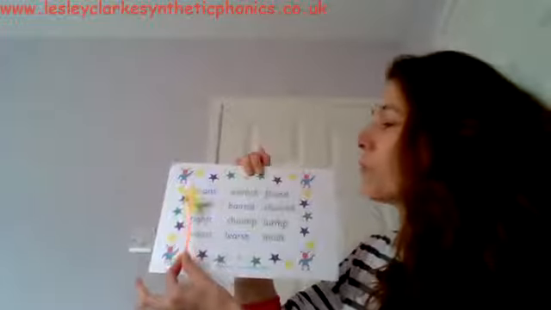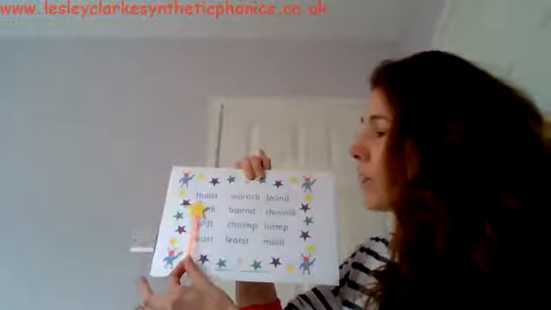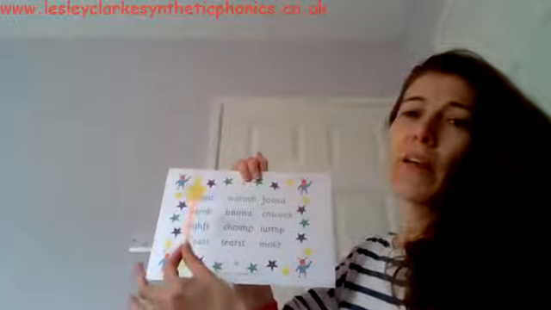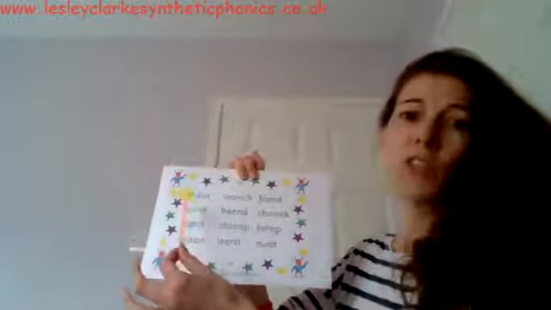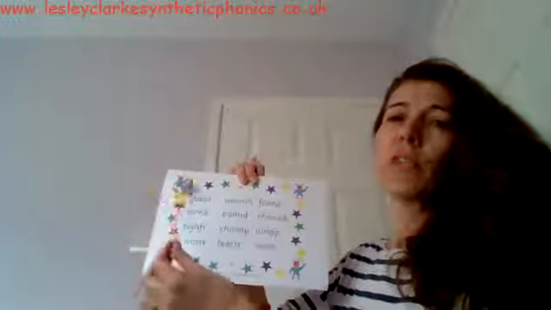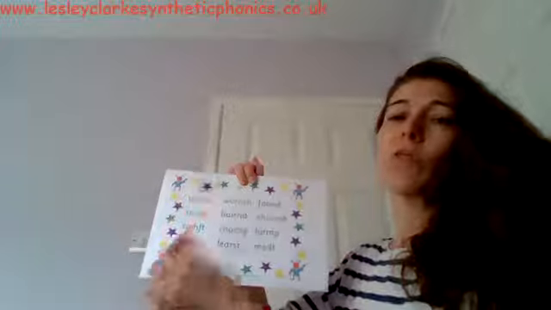So I would have the wand, and I'm going to move the wand underneath the word. Every time they think there is actually a sound button underneath there, an invisible one, they're going to just read that digraph. So we're not actually going to read the words. So it would work a little bit like this.